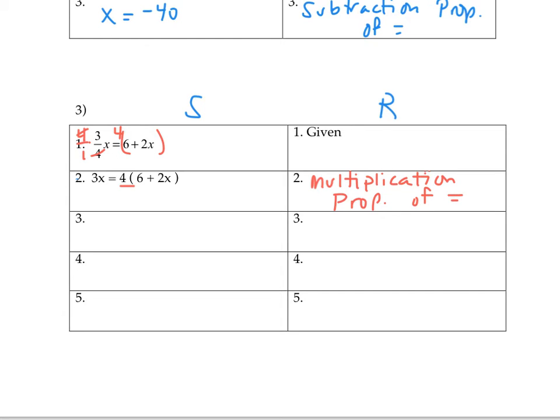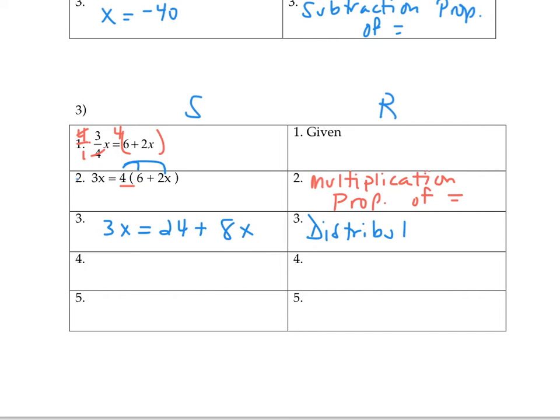Okay, now I mentioned that we had that 4 out in front. We can certainly distribute in our next step. So get rid of those parentheses by multiplying 4 by 6 and getting 24, and by multiplying 4 by 2x to get 8x. So that's the distributive property. So notice the difference.